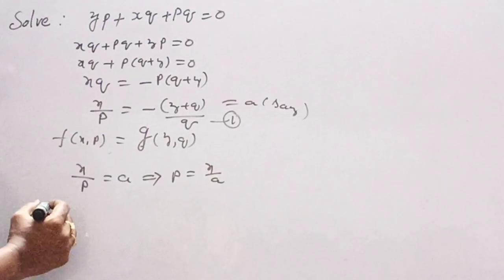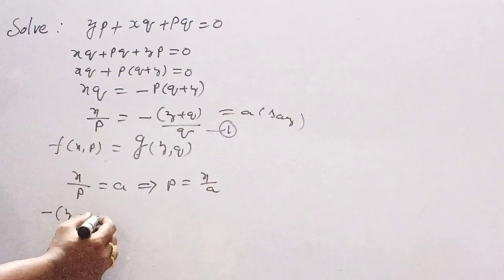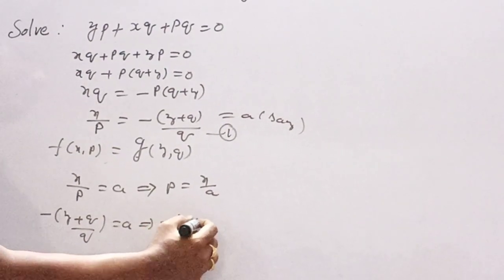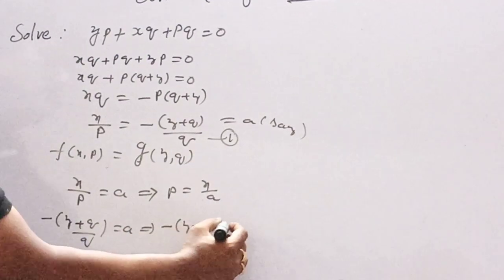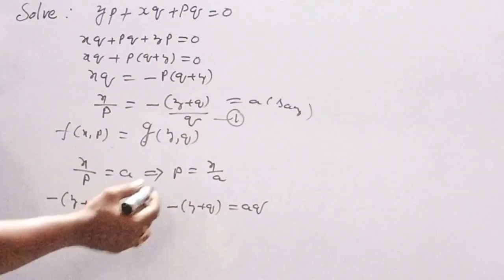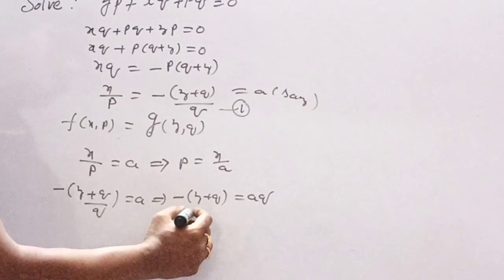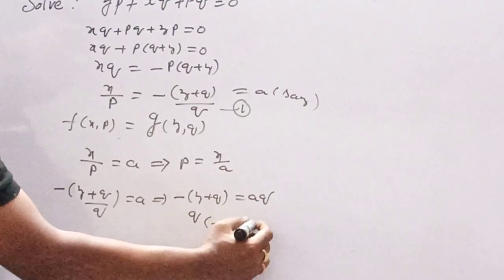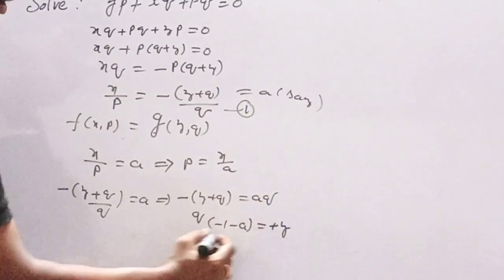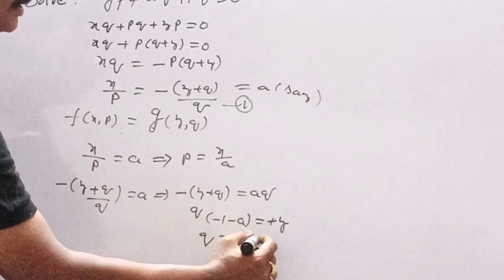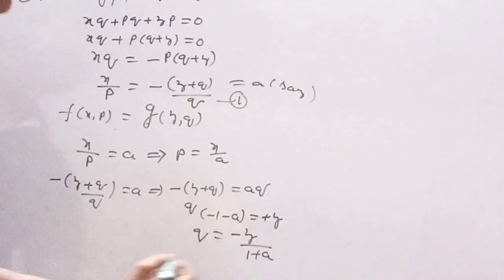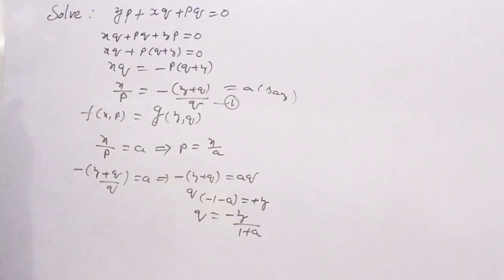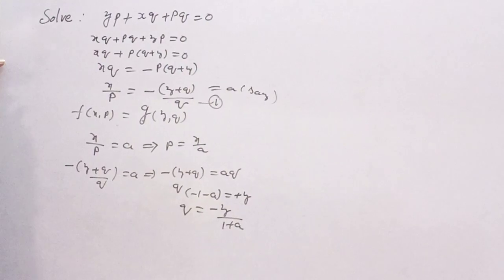Using the second one, minus (y plus q) by q equals a implies minus (y plus q) equals aq. Here we require the q value. So q times (minus 1 minus a) equals plus y, so q equals minus y by (1 plus a). So p equals x by a and q equals minus y by (1 plus a).